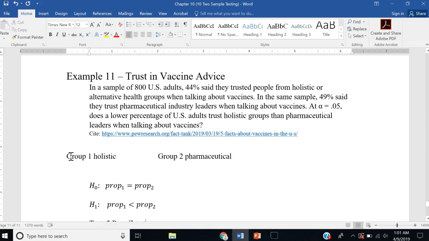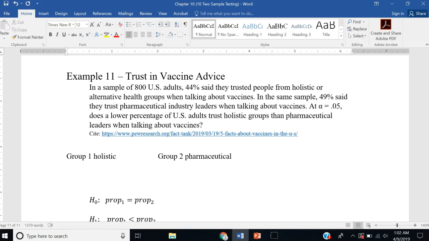And 49% of that same 800 trust in pharmaceutical leaders. Okay? So what we have to do is not input the percentage, we have to put in the number of successes.